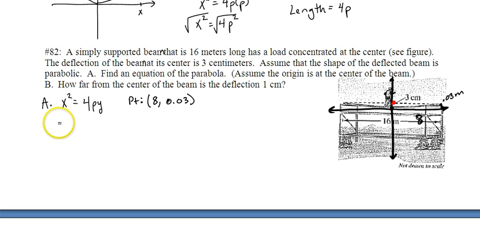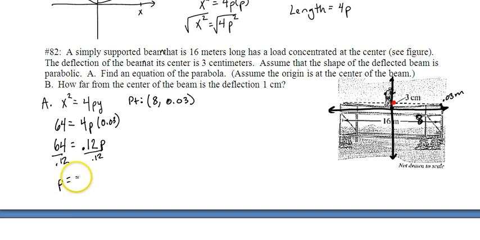So if I plug in my point, I have 64, I plug in 8 and square it, equals 4 times p times the 0.03. Well, that gives us 64 equals 0.12 p. Divide by 0.12, and p is going to equal, I believe, 1600 divided by 3.